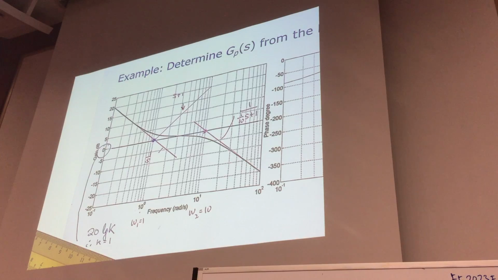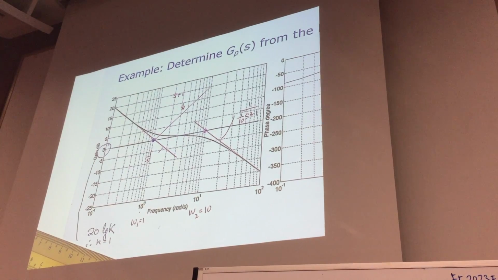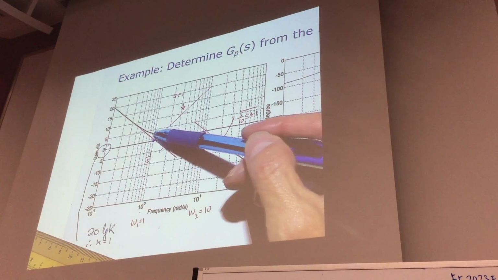Based on the low frequency asymptote. Alright? Not the actual value. The actual value is of course the black line here.